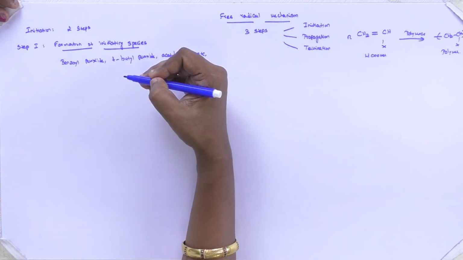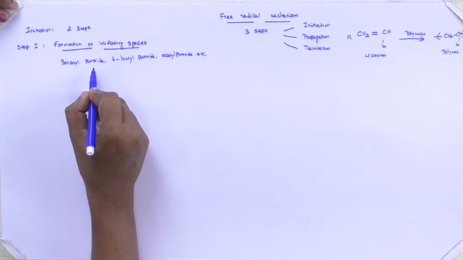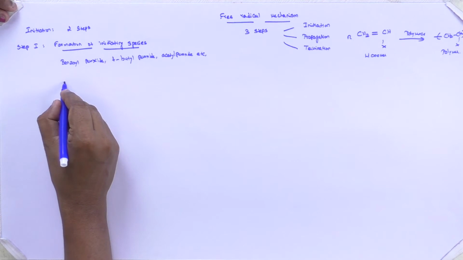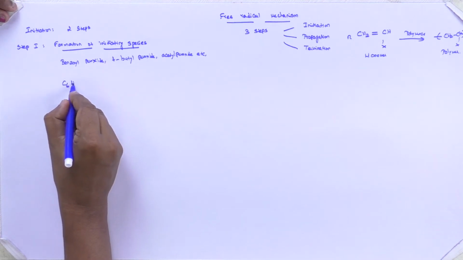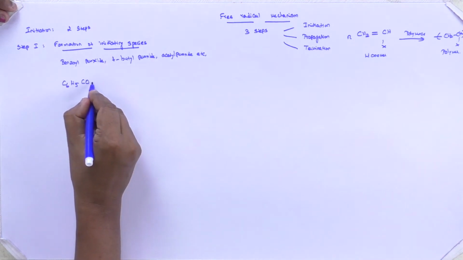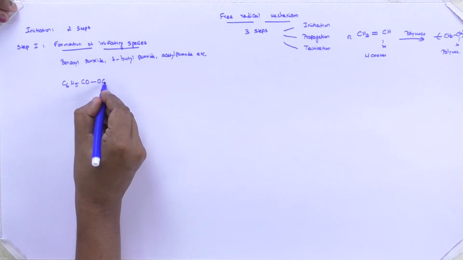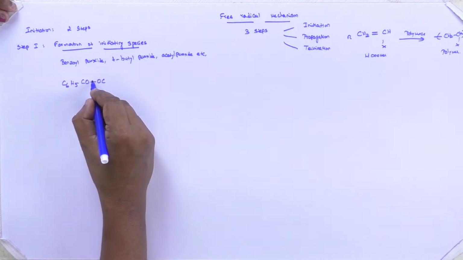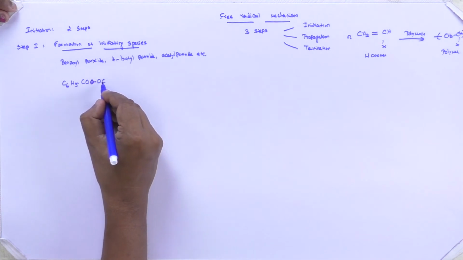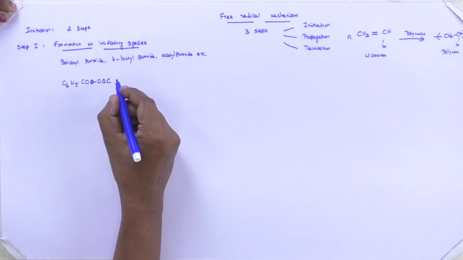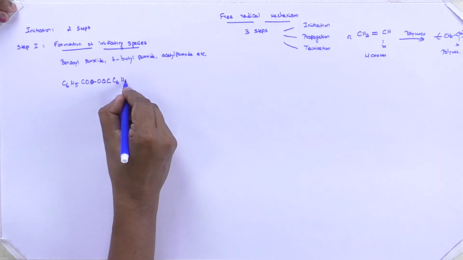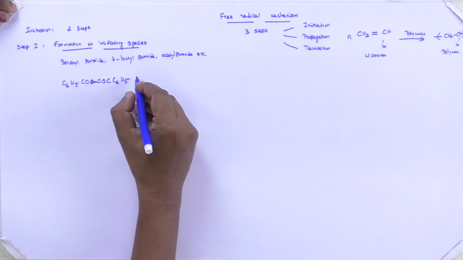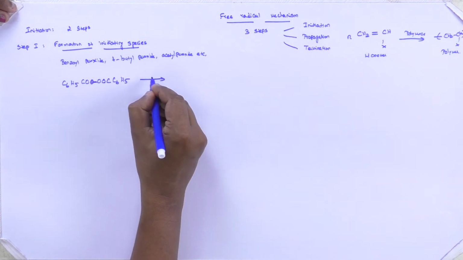Let us take the example of benzoyl peroxide. Benzoyl peroxide is C6H5CO-OO-COC6H5.